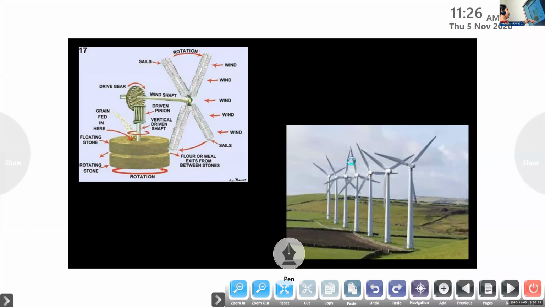See, this is like our modern grinder. Same process, with two grinding stones, but it is operated by wind energy, not electricity. Then these are windmills. We call this place a wind farm.